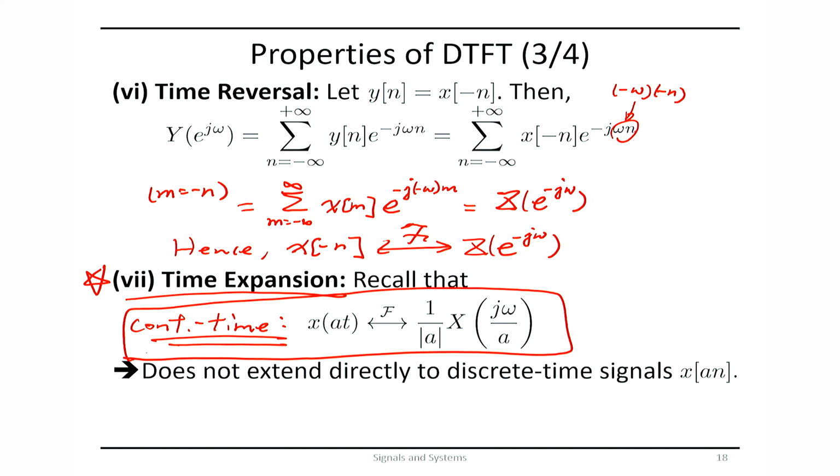So when you multiply n by a, giving you something that does not result in an integer, then this is not valid. But we can still look at something that is more or less related.